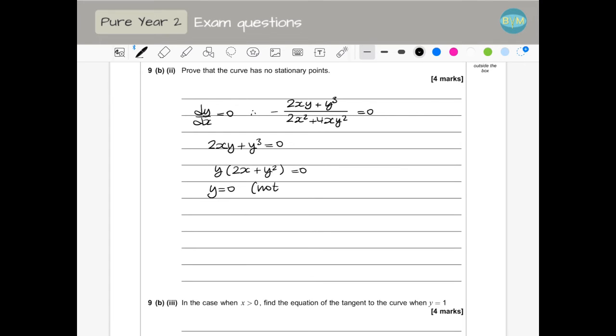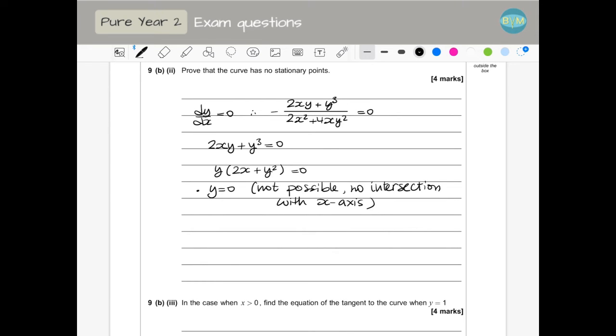So this is not possible, because it doesn't cut the x-axis. No intersection with the x-axis.